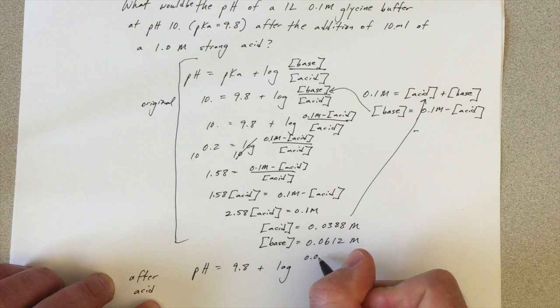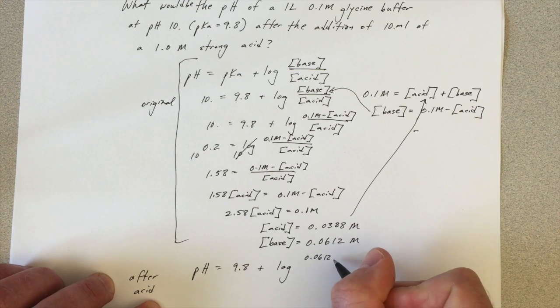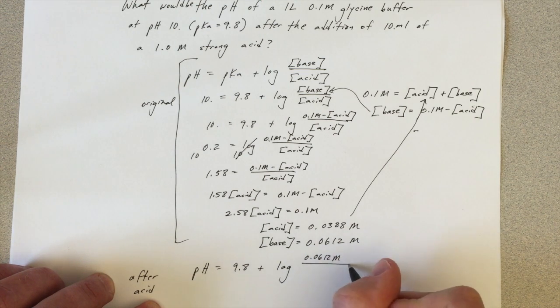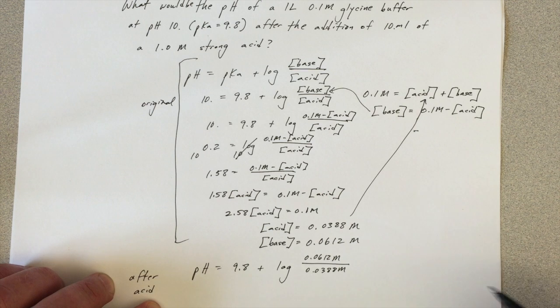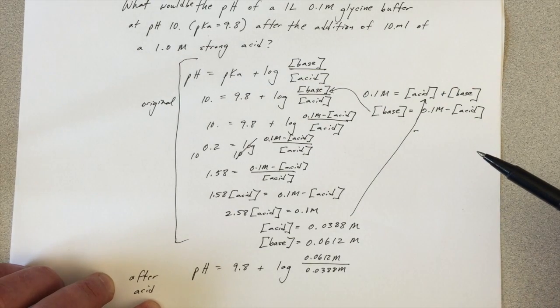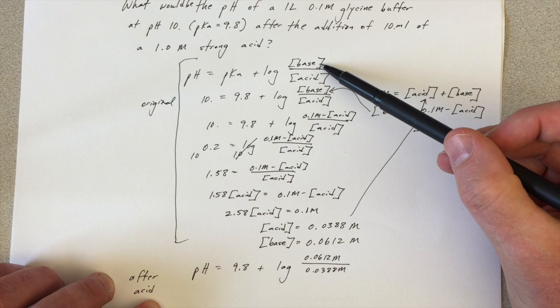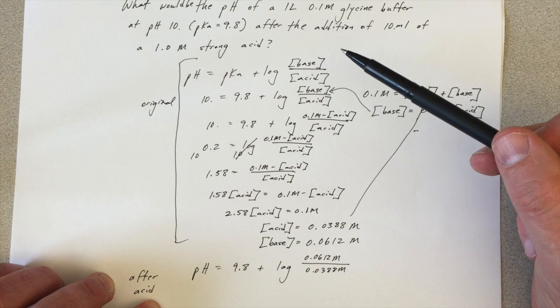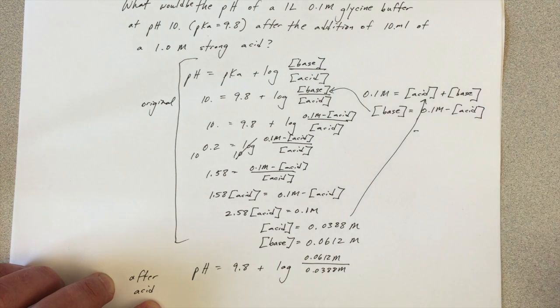We started at 0.0612 molar of base and 0.0388 molar of acid, and I know that these things are going to change by a certain amount. So if I add a strong acid to my buffer, then my conjugate base is going to jump on it and convert it to the weak acid.